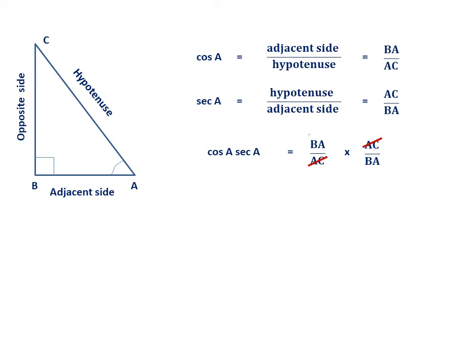As before, you can cancel AC and BA. So you get 1. Therefore, you can also say cos A into secant A equal to 1 or cos A equal to 1 by sec A. Similarly, sec A equal to 1 by cos A. So this is the relationship between the two ratios cos A and sec A.